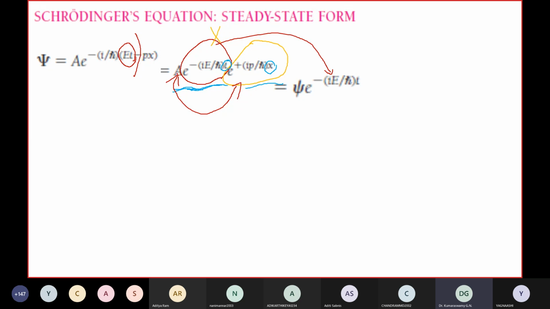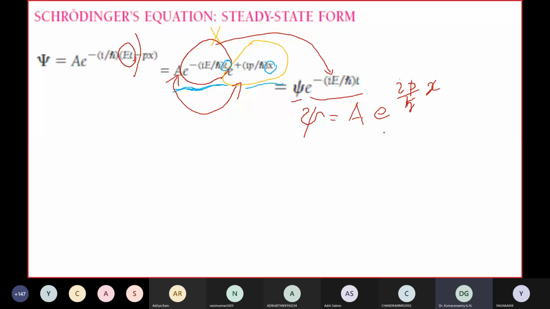Of course, A has to be there because it is the amplitude, and this is the varying part, whereas the other part is a constant. So let us keep the constant as it is and rewrite the wave function, which consists of A into e to the power of i p by h cross into x, where psi of x is equal to A into e to the power of i p by h cross into x.